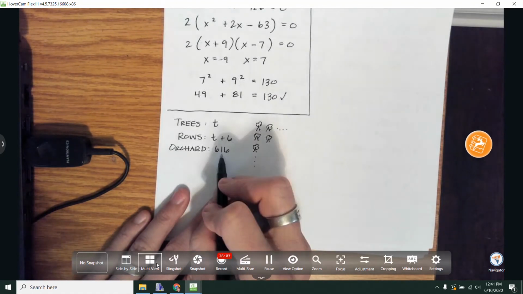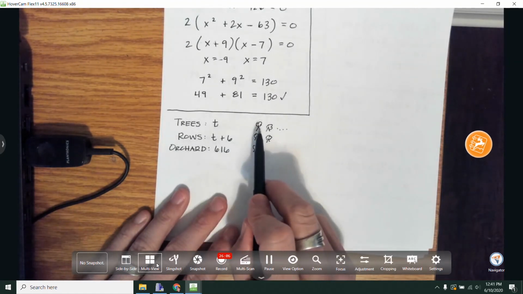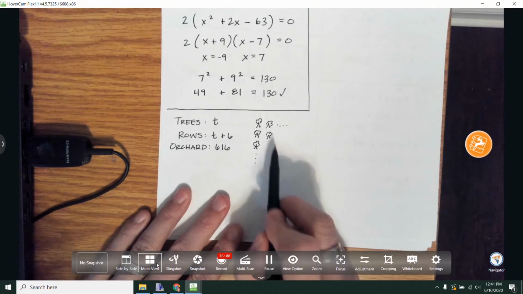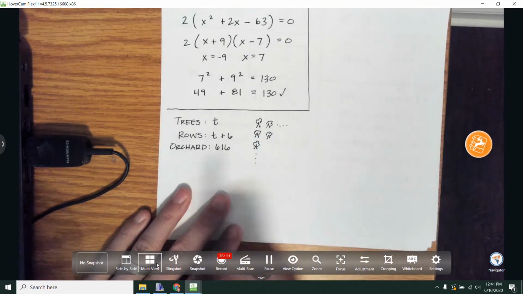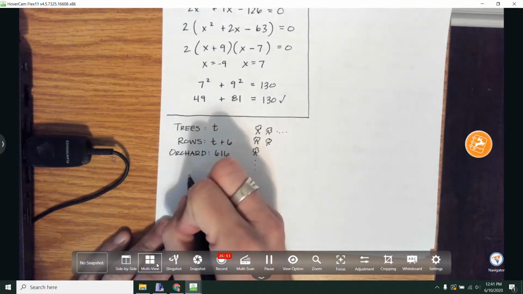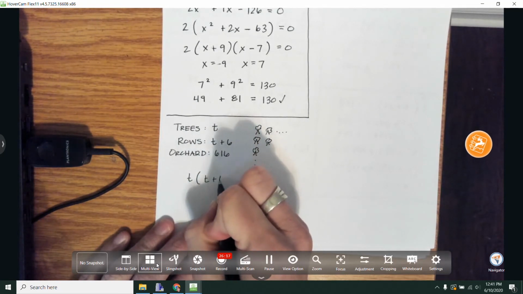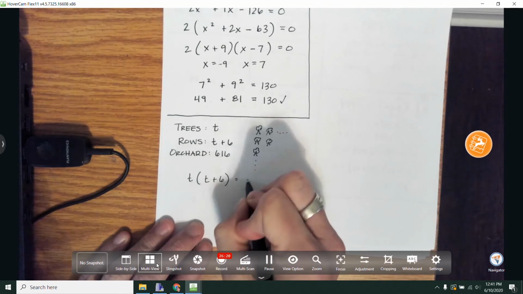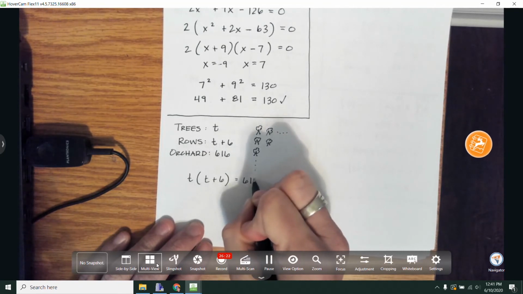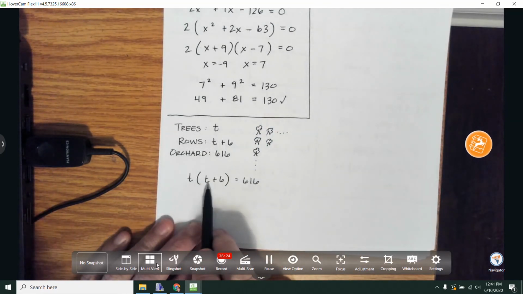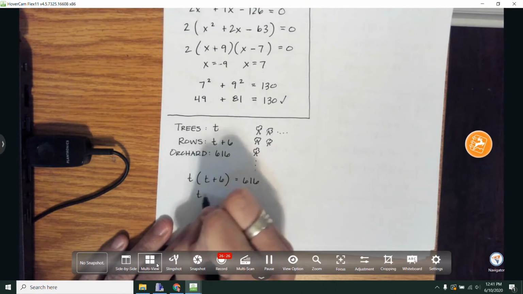Now, if we wanted to figure out how many trees are in the orchard, we would take the number of rows that we have and multiply by how many trees are in each row. So basically, we would multiply the trees times the row, and that should give us our total number that we have. Now, if we do t times t, that gives us t squared.